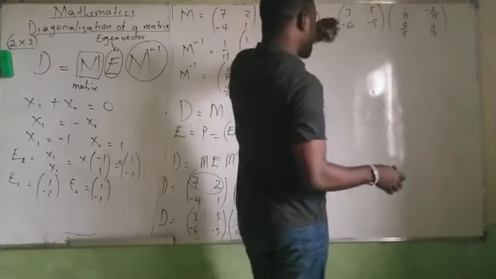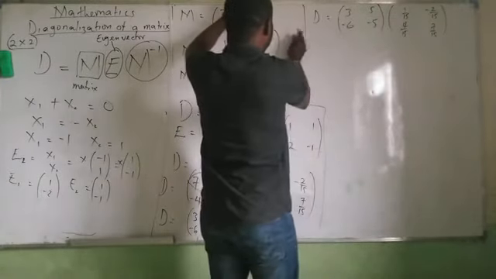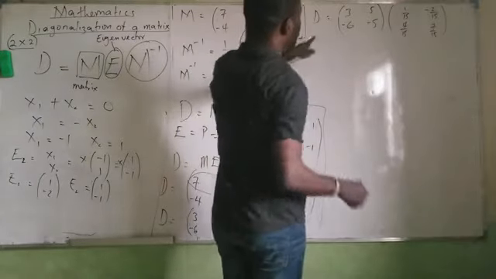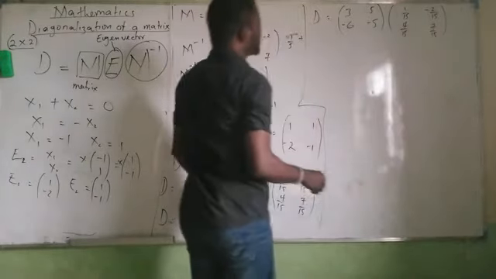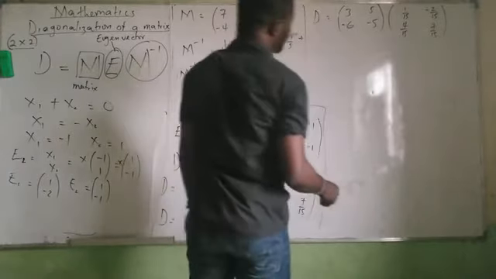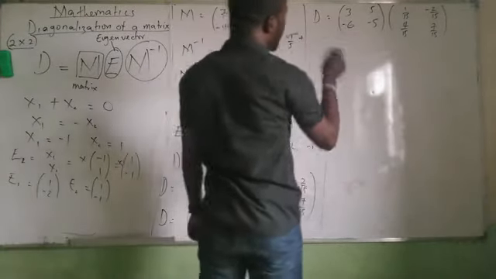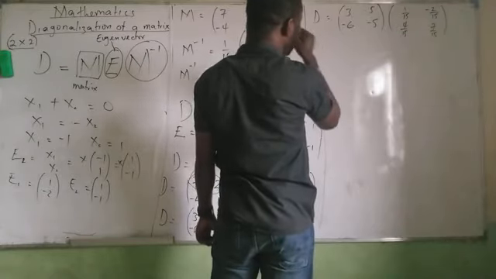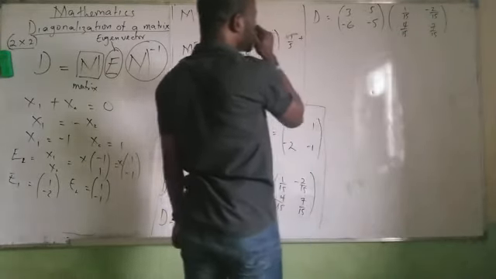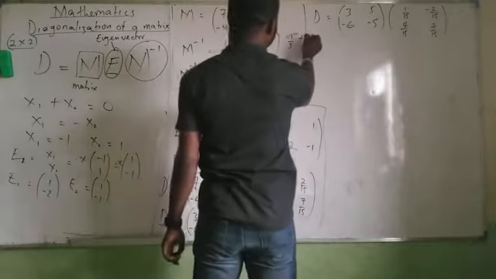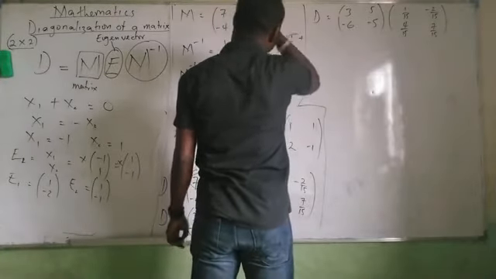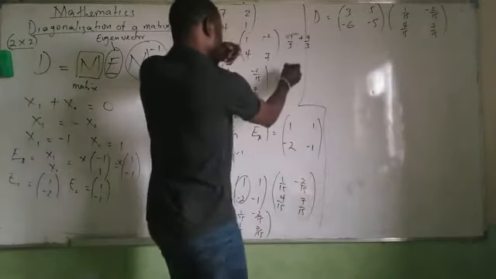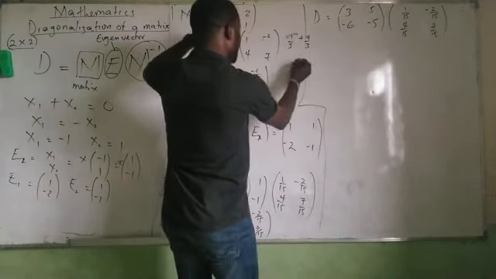It means I'll be having 1 all over 5 times 1 all over 5, plus that'll be 20 all over 15. Now I think I'll be having 1 over 5, that'll be 4 all over 3 plus 4 all over 3, which gives me 15.